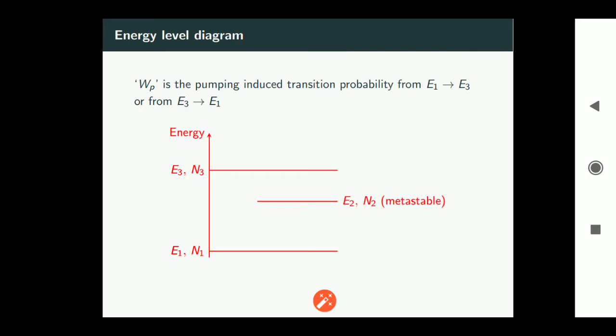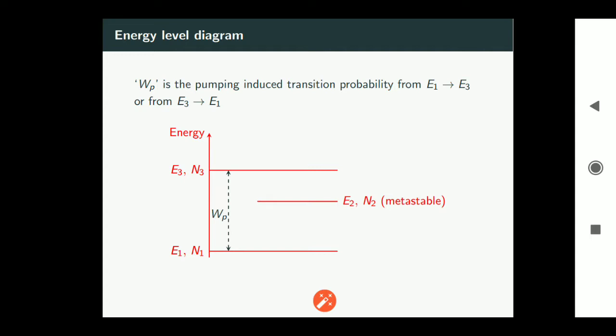So the two types of transition can be written like this: WP makes a transition from E1 to E3, and WP also induces a transition from E3 to E1. Note that we already learned that in a two-level system no lasing action takes place. Therefore, even though WP induces a transition from E3 to E1, there cannot be any laser transition because population inversion cannot be achieved between E1 and E3.